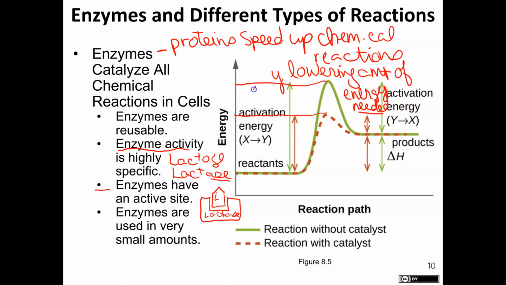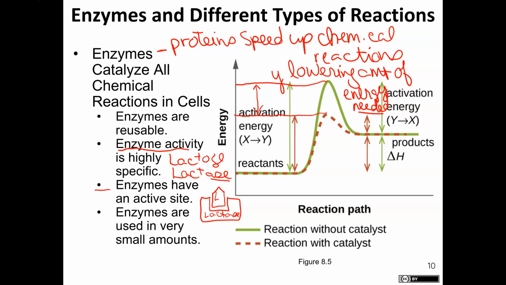So this difference in energy here is the energy that enzymes save the cell from having to use. And when they do that, they allow that cell to work in a much more efficient way.